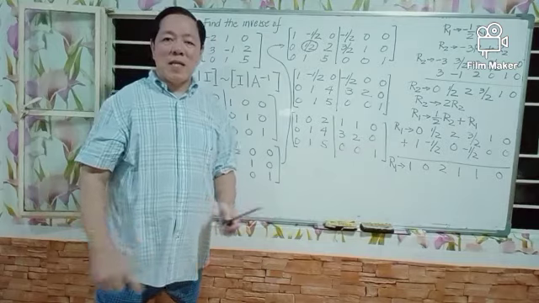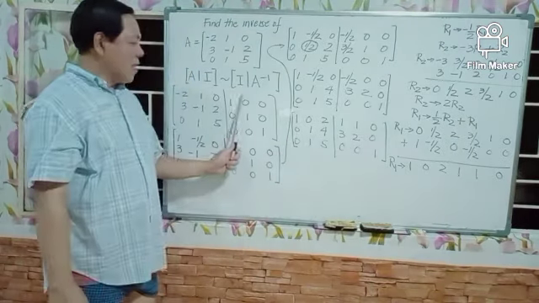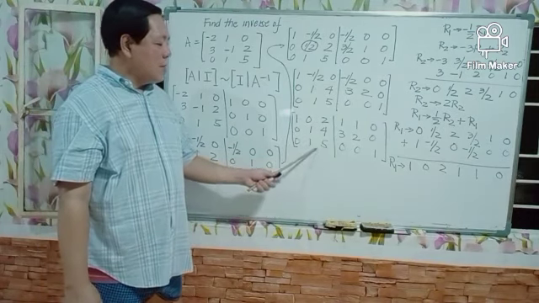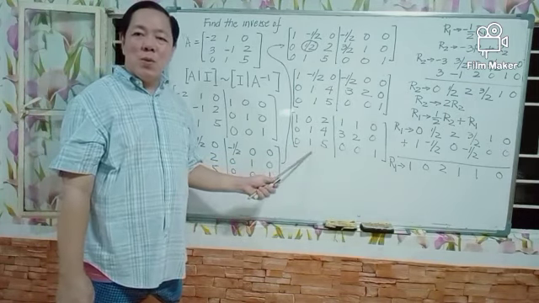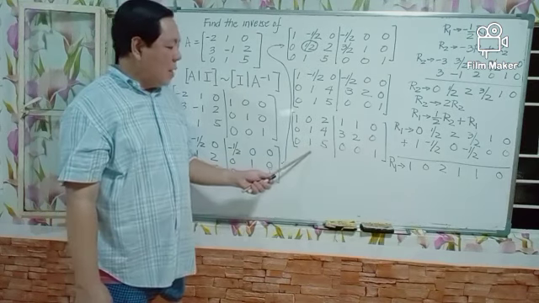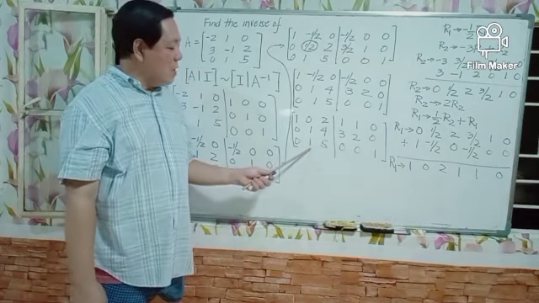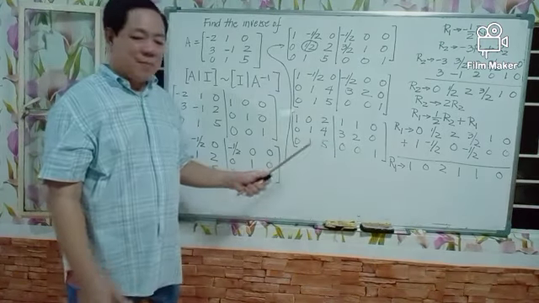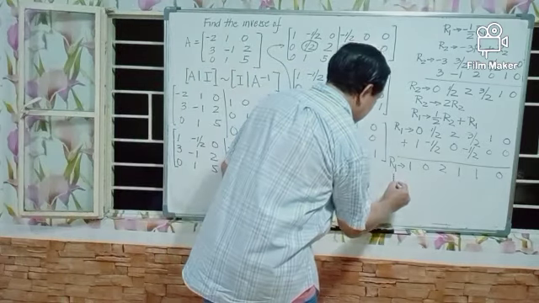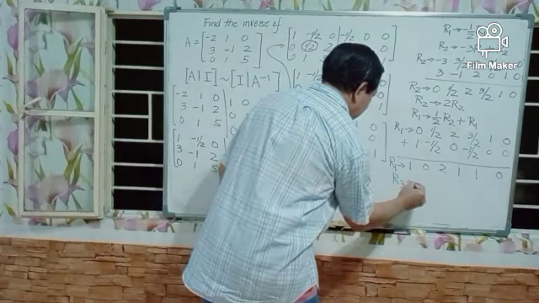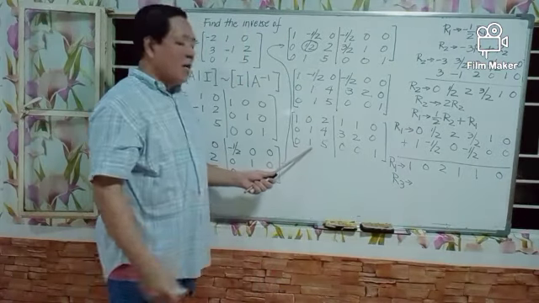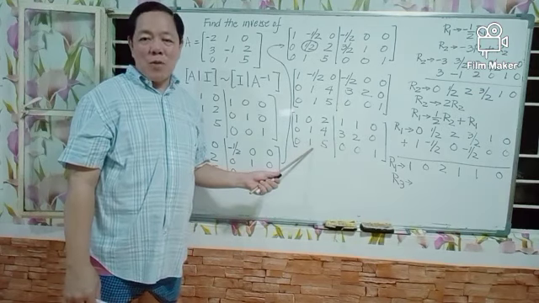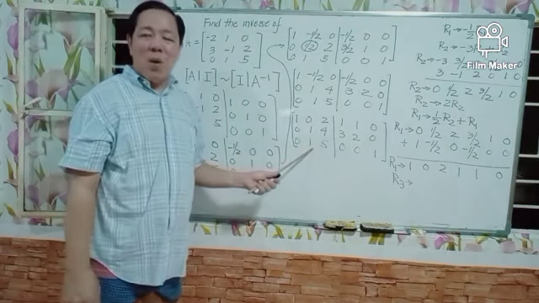We are still operating on the second column. In the second column, we should have 0, 1, 0, and we already have 0, 1. Now, this entry 1 must be changed to 0. And if we change 1 to 0, because 1 belongs to row 3, we have to change all the entries of row 3. The number to be changed to 0 is 1, and we take its negative, or we multiply it by negative 1. 1 multiplied by negative 1 is negative 1.